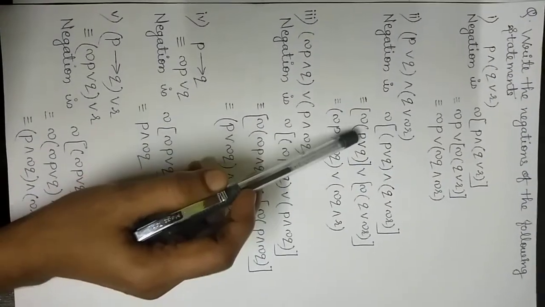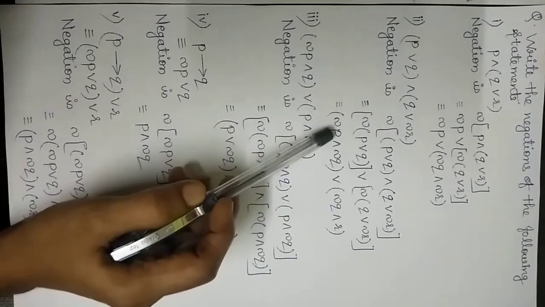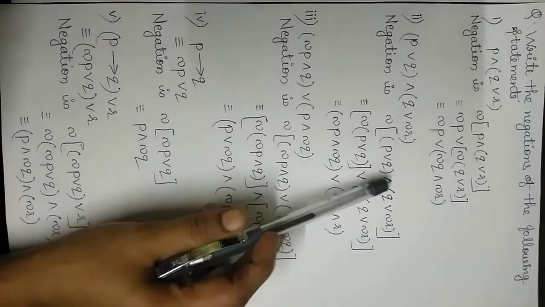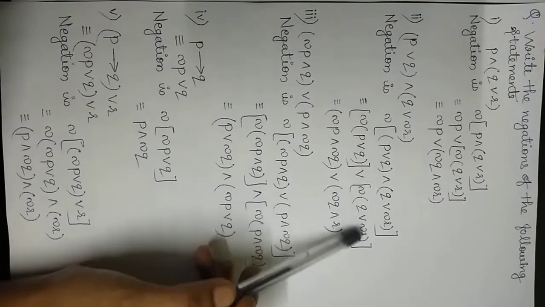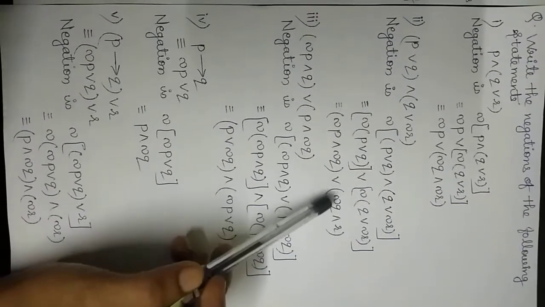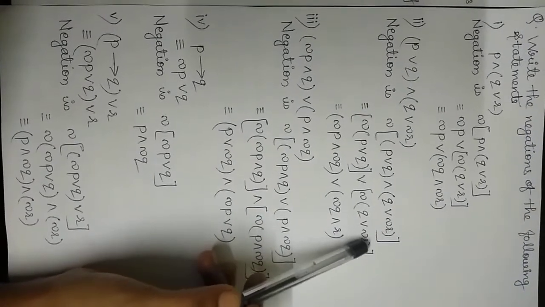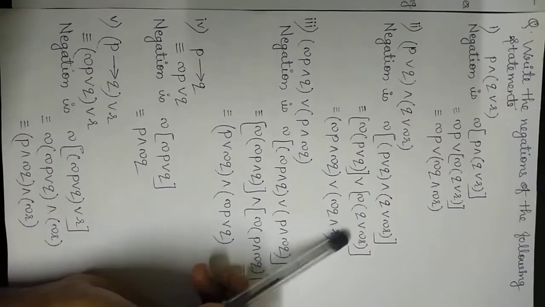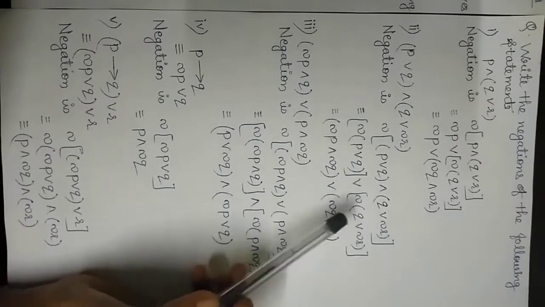Now applying negation to each and every term of first bracket, we will get negation of P and negation of Q. This OR will be as it is because already we have applied negation sign to that. Now applying negation sign to the second bracket, we will get negation of Q and R, because here already negation sign is present for R, so that negation will get cancelled and we will get only R. Just like minus minus will become plus, negation will get cancelled.